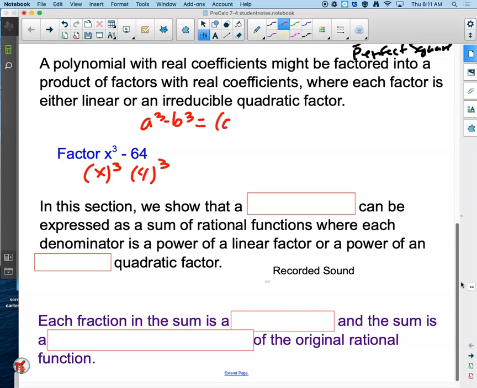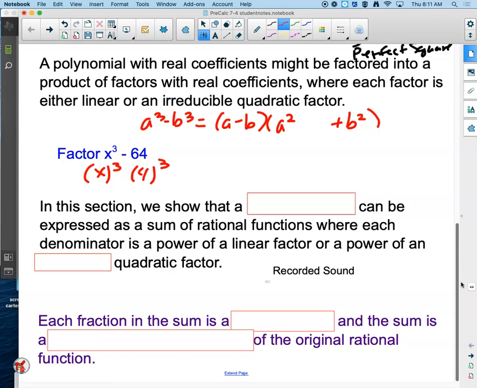Obviously, I'm really hopeful that there's at least one a minus b that I could get out of there, and there is. But then you work backwards and you say, all right, if I had to take a times something and get a cubed, that something would be a squared. And if I had to take b times something to get b cubed, well, that something would be b squared.